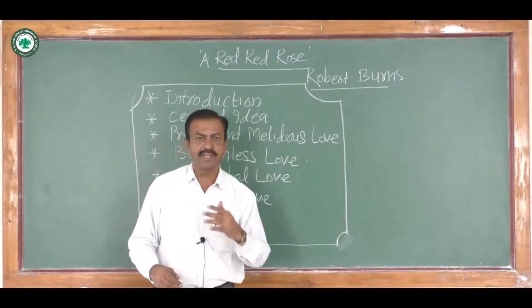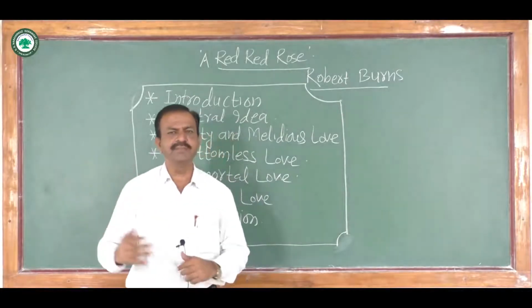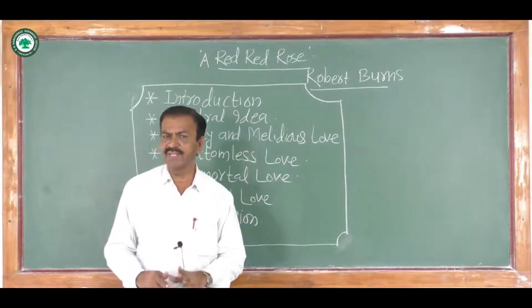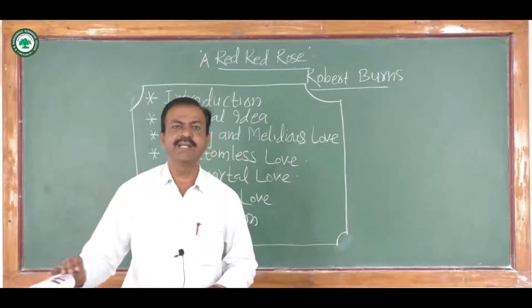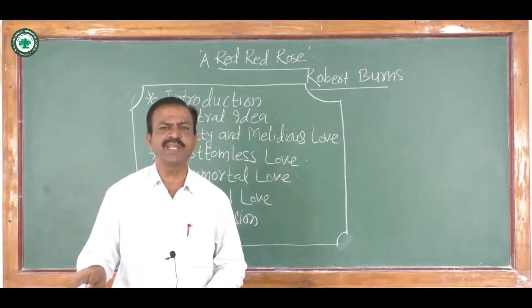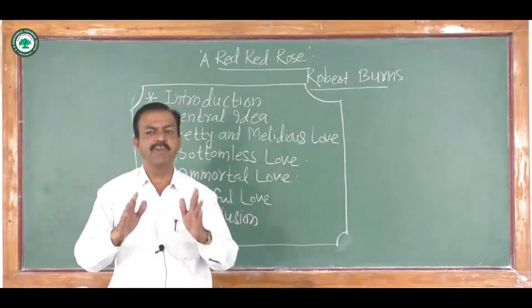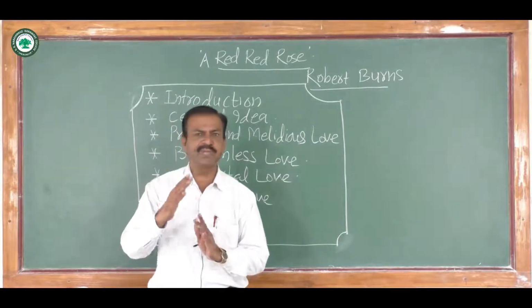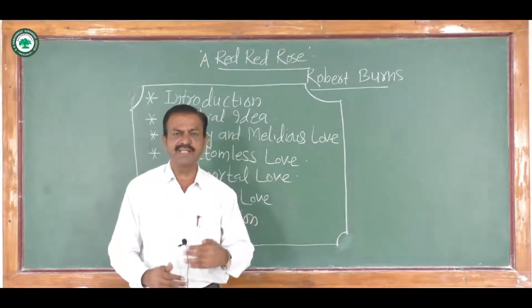And at the same time, when he parts from his beloved, he never forgets to promise her to be with her till death. That means he is going to say that his love is immortal. So now we are going to study the poem according to the stanza.